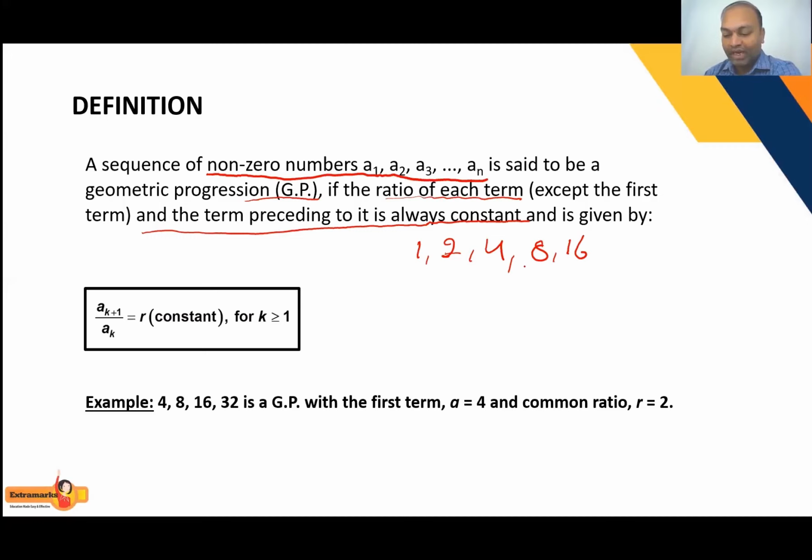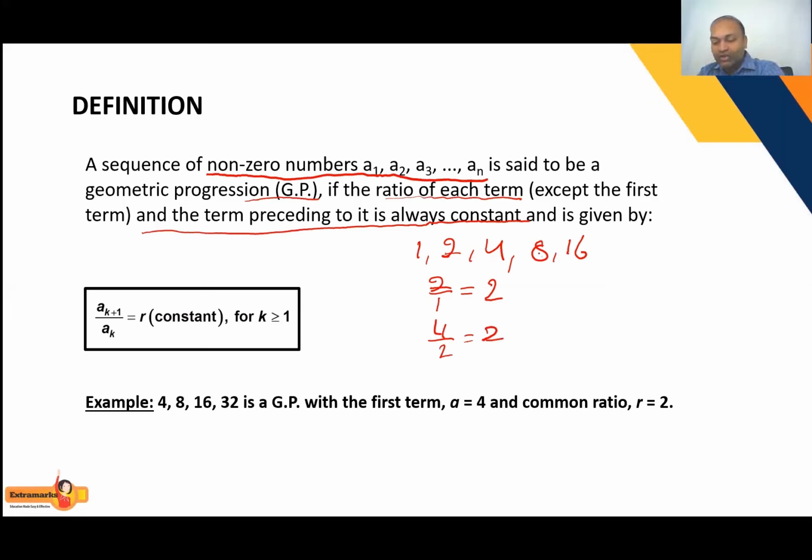Second term by first term. Here the second term is 2, so 2 by 1 is 2. In the same way, check third term by second term. Here the third term is 4, so 4 by 2 is 2. Similarly, next, 8 by 4 is 2, and 16 by 8 is 2.